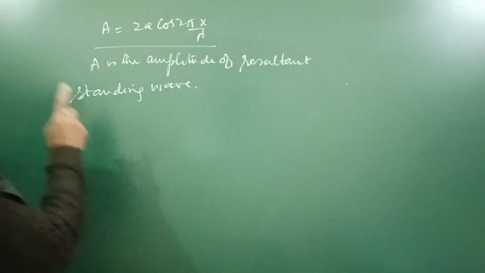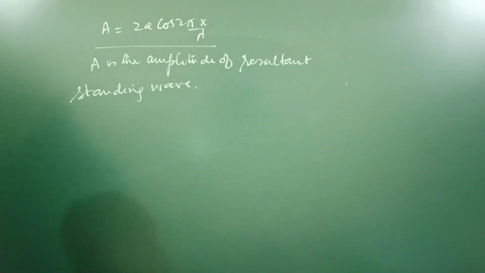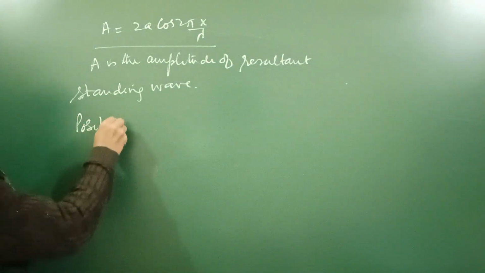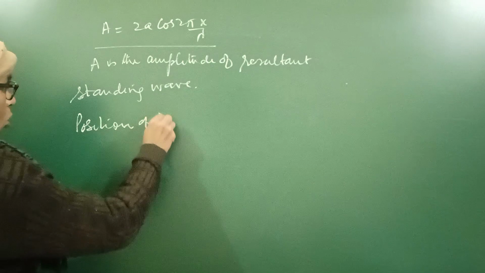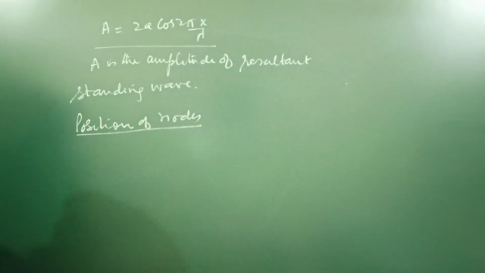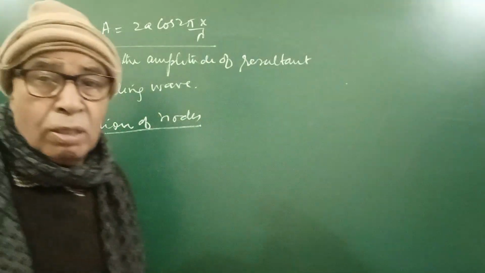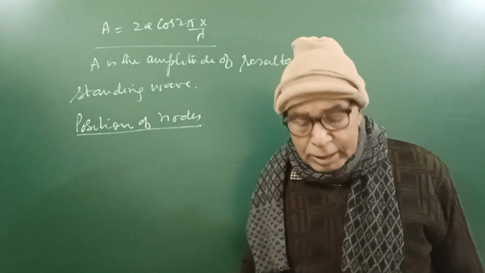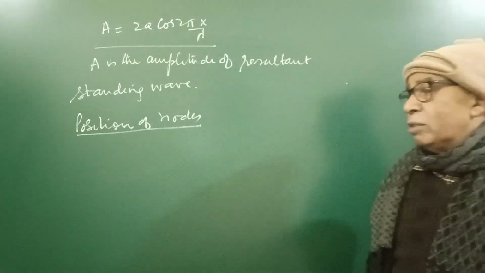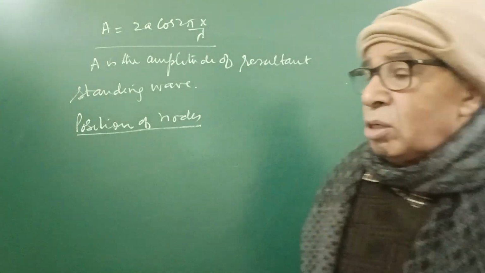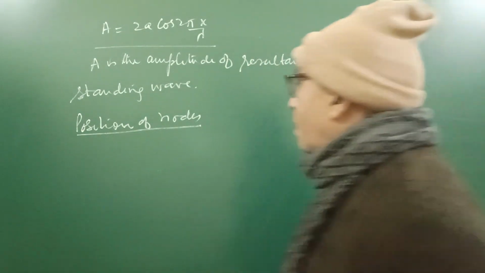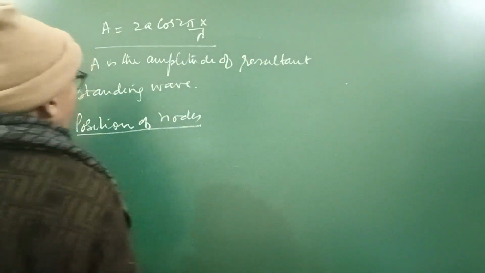Now we come to the position of nodes. When boundaries are free, where will the nodes be? I have told you that when a standing wave is formed, there are certain points where particles of the medium do not oscillate at all. Those points are called nodes.